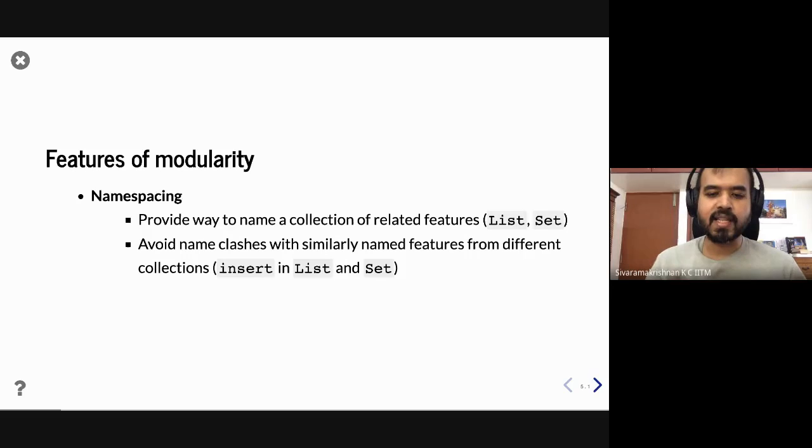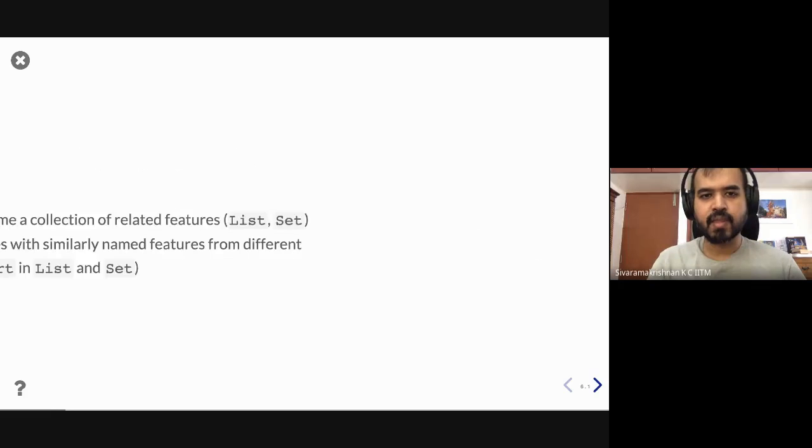And I want to say this insert function, even though the name is the same thing, this insert function for list is different from the insert function for set. How do you do that? Just namespacing, right? You take the insert function and have it under this module list. So list.insert is different from set.insert. So that is namespacing. So this is just a convenience mechanism, right? So you can name multiple things under the same name.